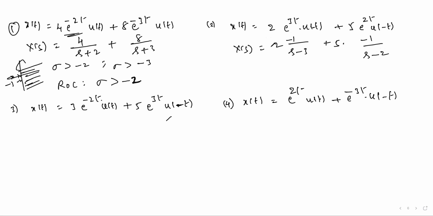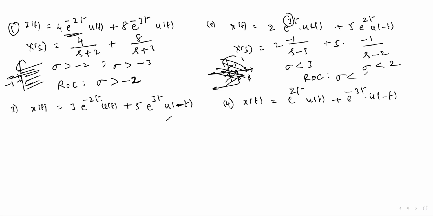Left hand side, with a minus symbol, and this is the pole value. So sigma less than the pole value 3, and here also sigma less than the pole value 2. Less than 3, less than 2. Where could the ROC be? This is less than 2, this is less than 3. The common ROC is less than 2. So for this, the ROC is sigma less than 2.